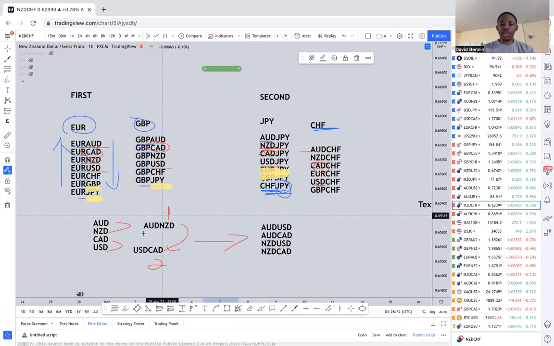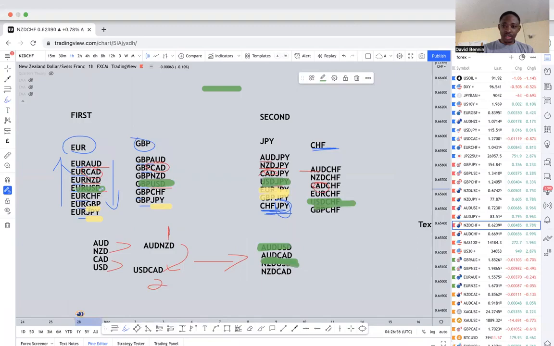So for example, this is a major currency: Australia, US dollar; New Zealand, US dollar is a major currency; US dollar, Swiss franc is a major currency; US dollar, Japanese yen is a major currency; pound, US dollar is a major currency; and then euro, US dollar is a major currency.